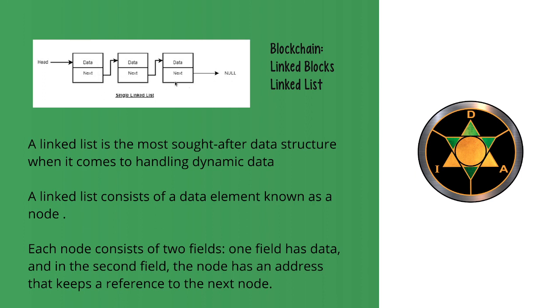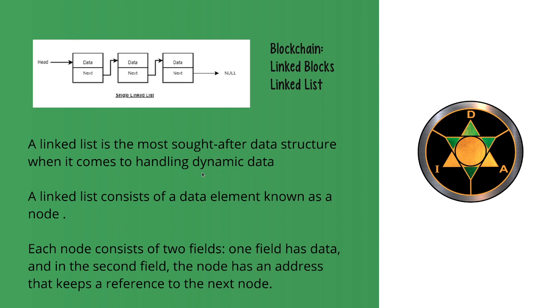We will get into that later in the course, how this is made specifically. So to summarize what we just went through, a blockchain is nothing other than a linked list in terms of data structure.